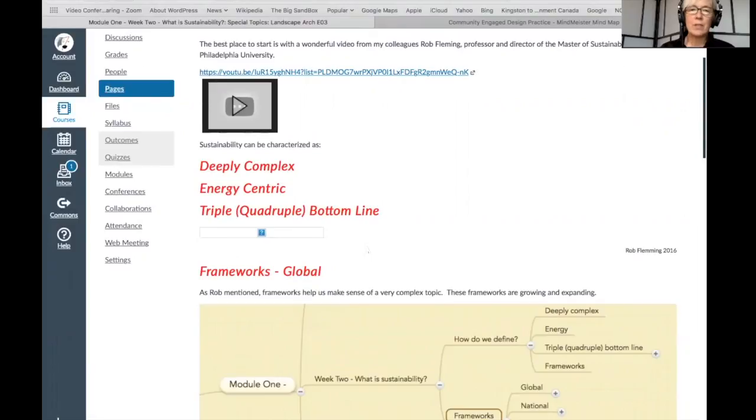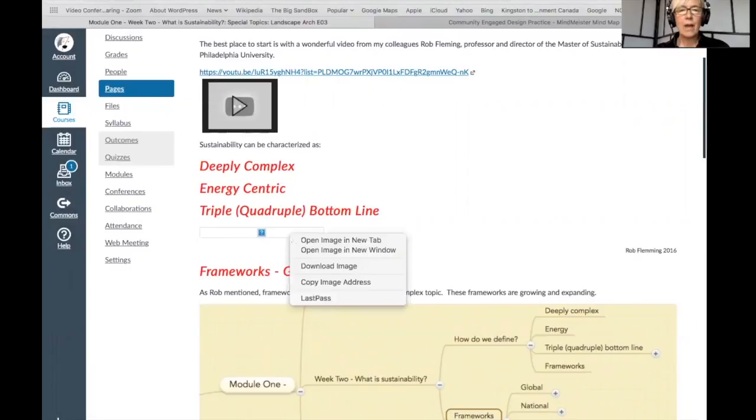It is energy-centric. His idea of the triple bottom line really being a quadruple is an interesting one for you guys to think about. I'm not sure why I've lost it here, so I'll make sure that image gets back in there.